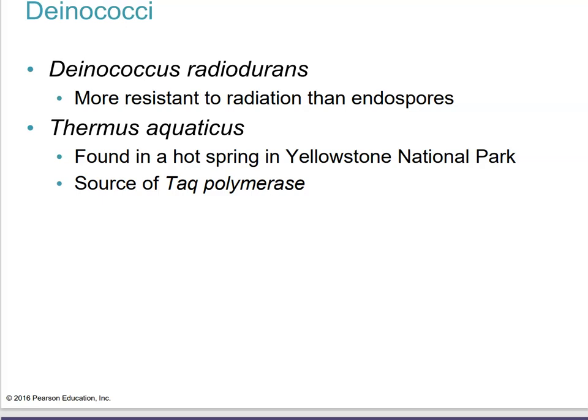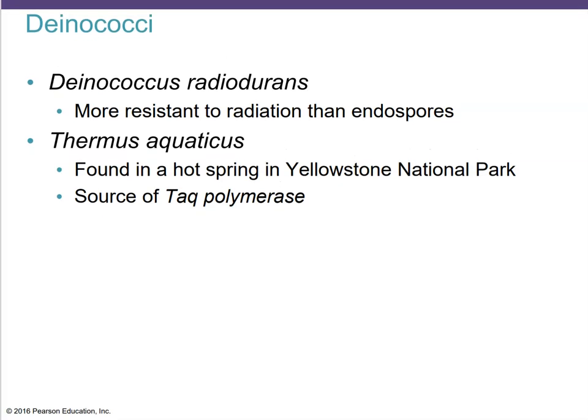Deinococcus, there is one important one in here, Thermus aquaticus. This one lives in the hot springs in Yellowstone National Park. It's the source of Taq polymerase. The Taq comes from Thermus and then the first two letters of aquaticus.